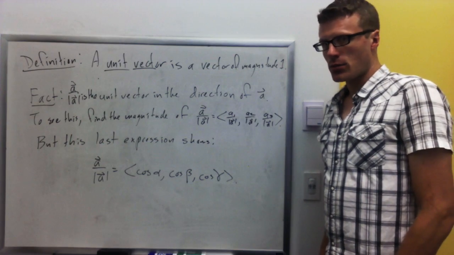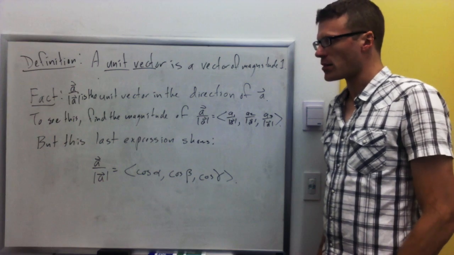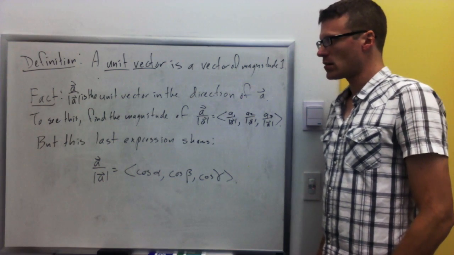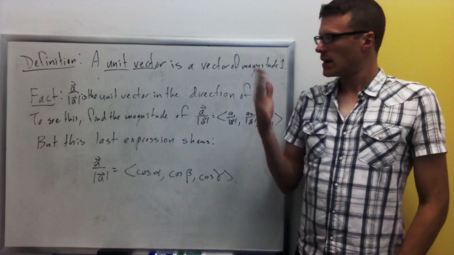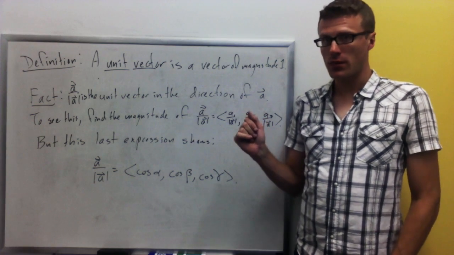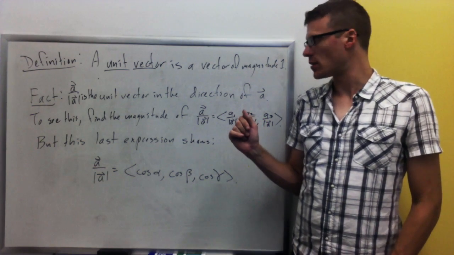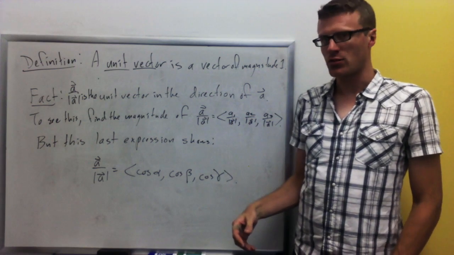So these direction angles actually give us something nice about the vector A. Now here's another definition. A unit vector is a vector of magnitude 1. Given any vector A, we can always find a unit vector in the same direction. We just have to scale it down or up until we get a vector of magnitude 1.